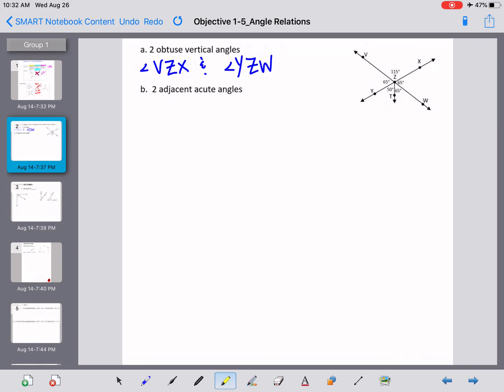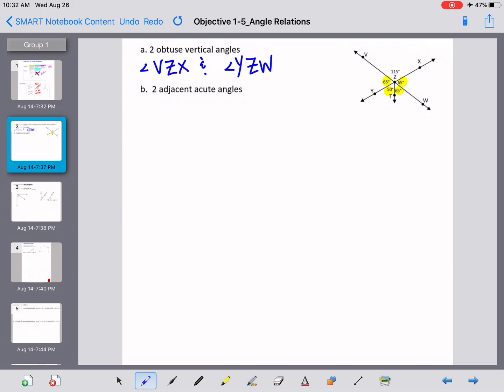So for this one, I've got a bunch of things that are less than 90 degrees. So I need to pick two of these that are side by side. Now for the first one, I only have one correct answer, but for this B question, I could have more than one correct answer.